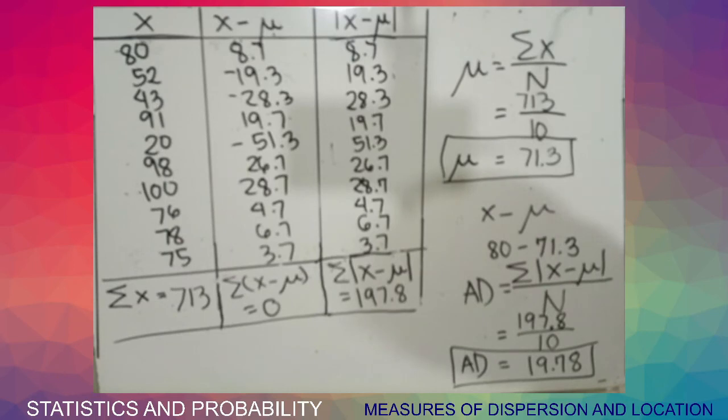Check natin ha kung tama. 4.7 plus 6.7 plus 3.7. Saan ako tumigil? Okay, 3.7 yung natira. Minus 3.7. 0.